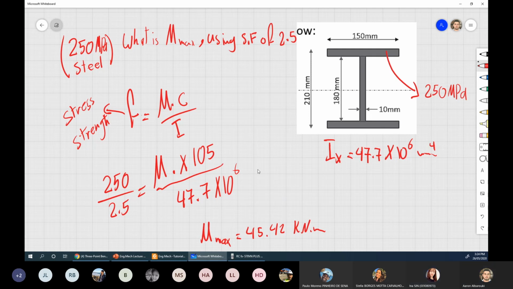And should we need to increase the 250, not divide, multiply by 2.5? If you do that, you get a larger value for M, correct? Yeah. And that's not safe. So I'm assuming here I'm using weaker steel. All good?